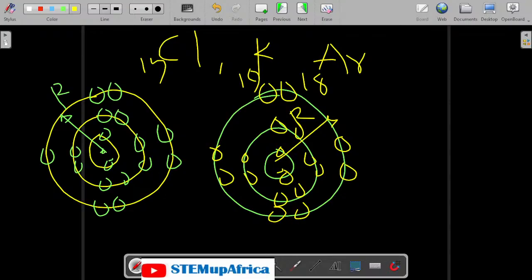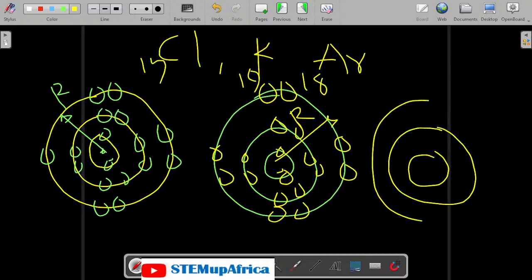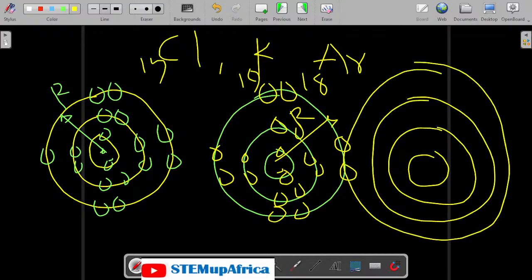Then if you go to potassium, it will exceed 3 shells. Potassium will have 4 shells, so potassium has the highest atomic radius. Chlorine and argon both take 3 shells, so who comes first?